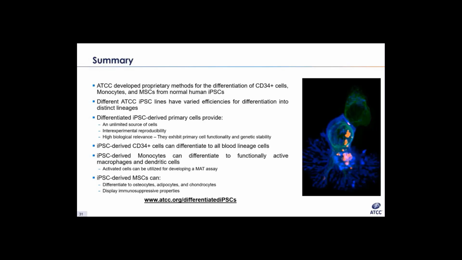Some of the other substrates that you can use would be either latex beads or apoptotic bodies, which you can get by incubating cells with staurosporine. You could also look at cytokine responses or something like chemotaxis and invasion assays as well.